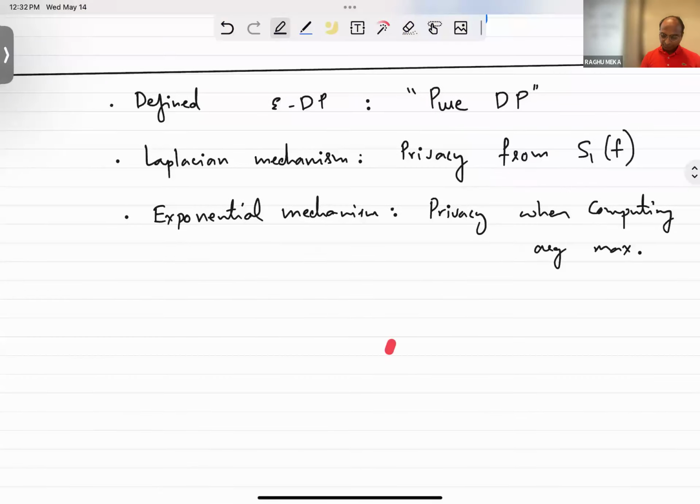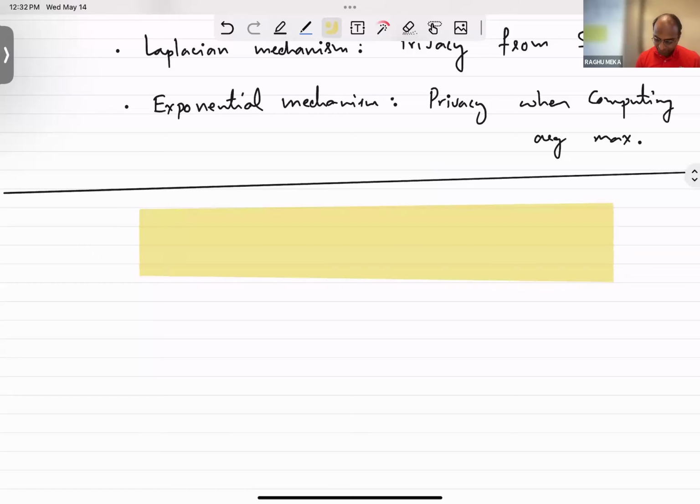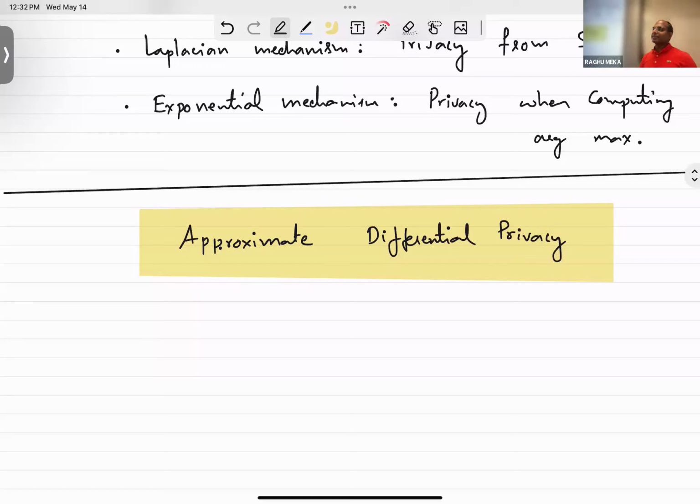All right. Okay. So let me now discuss something called approximate differential privacy, which relaxes the definition of differential privacy.